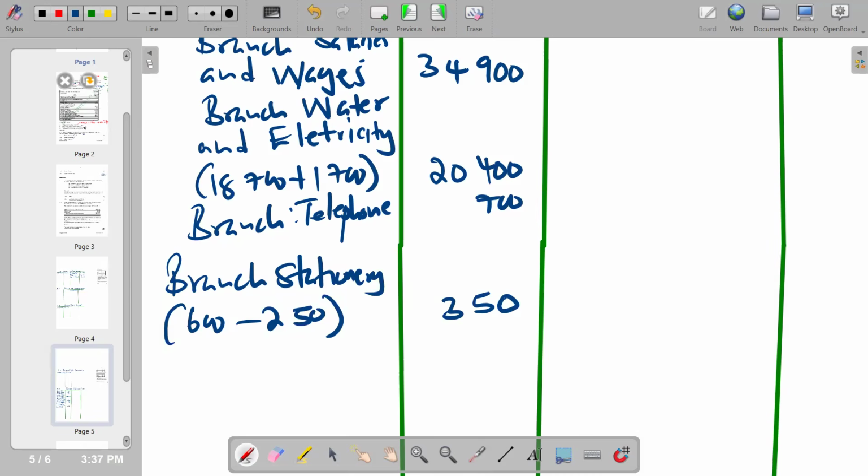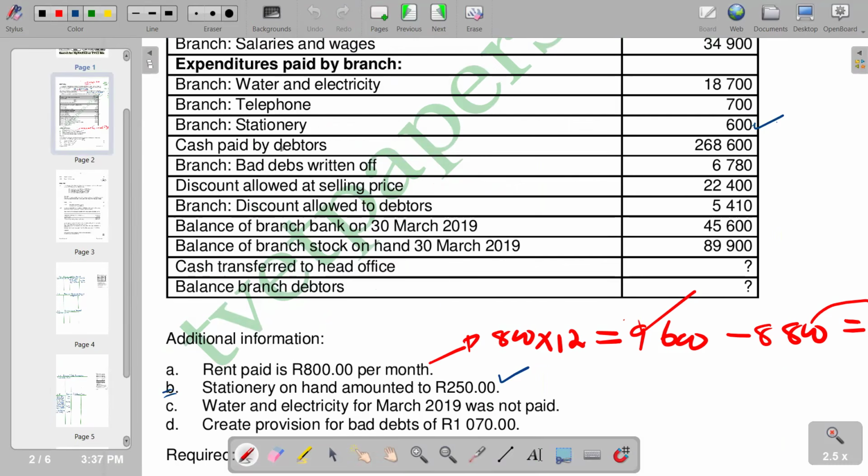Then after stationery, we do have cash paid by debtors, 268,600. So remember, this figure is cash paid by debtors. Remember, when we created debtors, we debited the trade receivables account, but now they are paying the amount due.